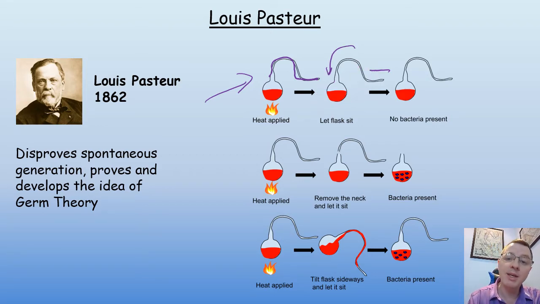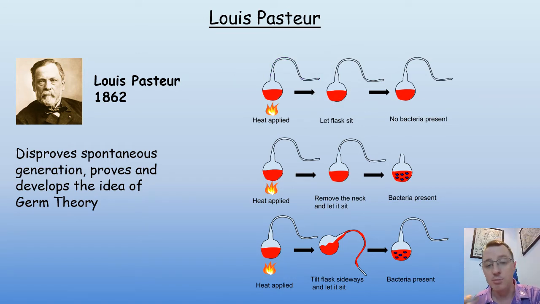He began by sterilizing his flask and the broth that it contained, almost a soup, by applying heat, and he lets the flask sit, and there's no bacteria present many days later.